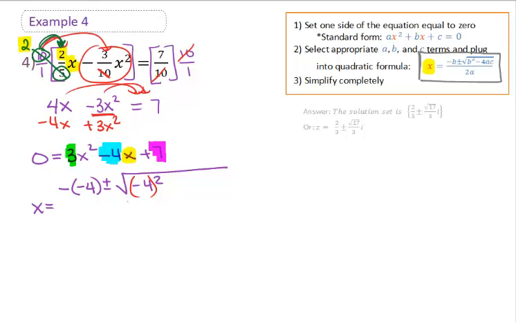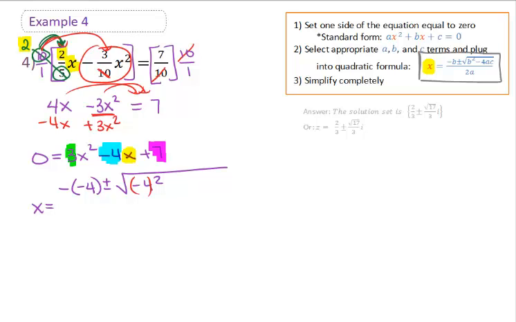If you're one of those people that just leaves the parentheses off and types it into your calculator, it is going to read this as a negative 4 squared, which gives you a negative 16, which is not true because we want all of negative 4 squared, which is a positive 16. So if you put this in the calculator, you absolutely must put in those parentheses in there to give you the correct sign.